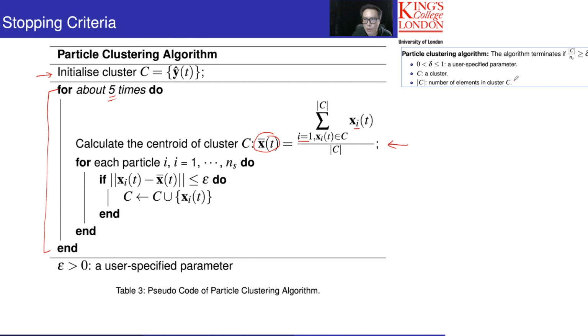It represents the number of elements in cluster C. Right here, we only have one member, so the size of C is 1.